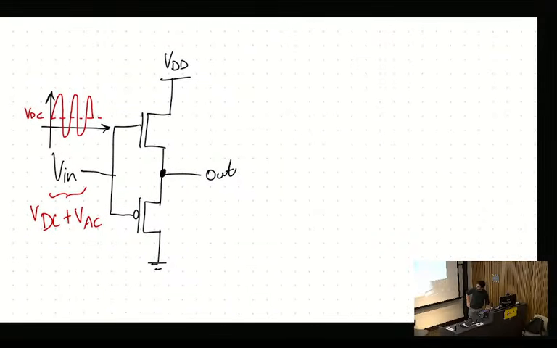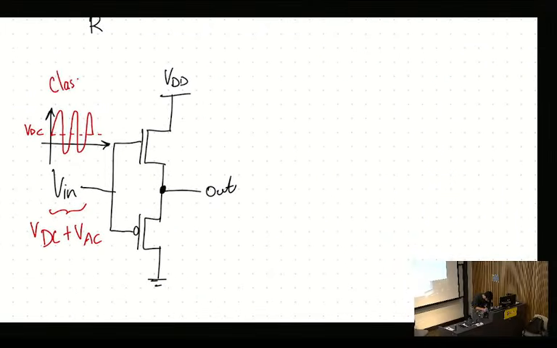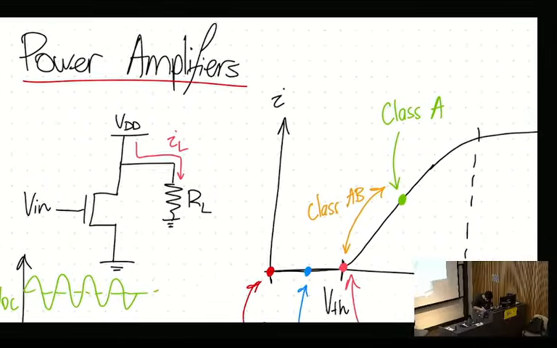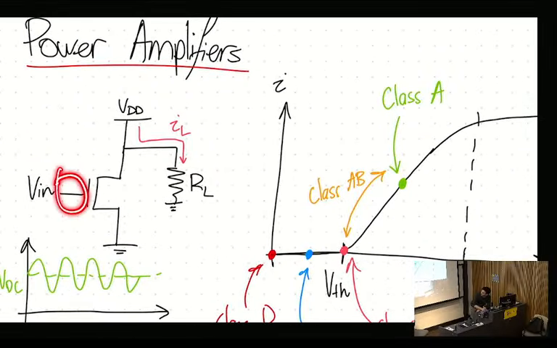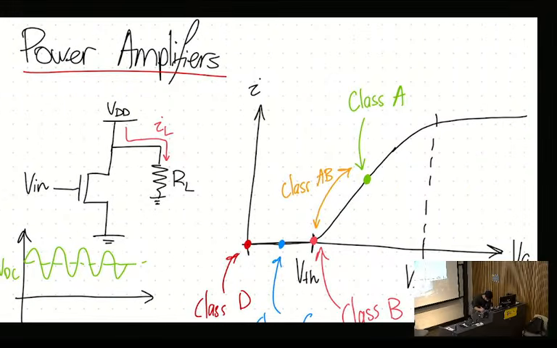Whereas in this case, we're biasing it with, say this is class AB, then we are swinging in this direction in one case, but in this case, we're swinging in this direction. Sorry, that was bad. Let me try explaining again.